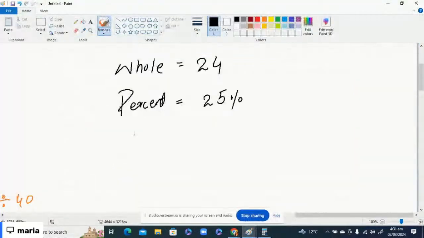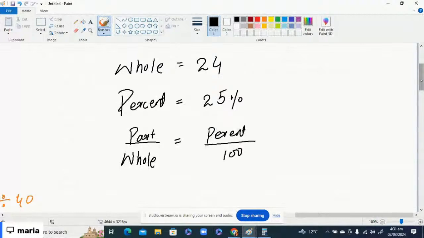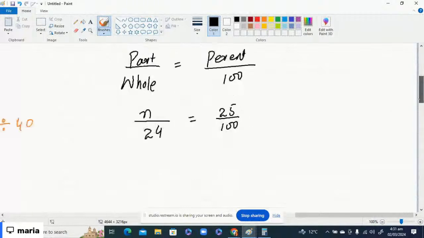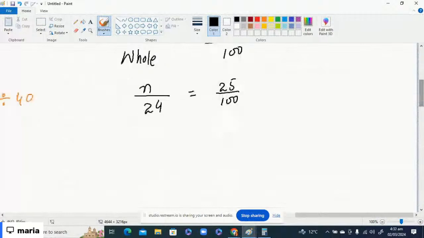Now the formula is part over whole, which is equals to percent over 100. Okay, so what is part? That is missing, so we can put it n. What is whole? Which is 24. What is percent? This is 25 over 100. Okay, just simply cross multiply.